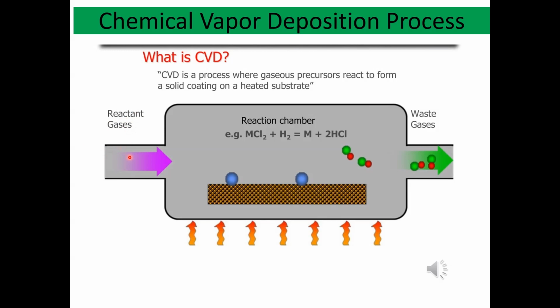These reactants in the gaseous form come into the reaction chamber, and these reactants are adsorbed on the surface of the substrate. And after their adsorption on the surface of the substrate, these reactants react with each other to give us the product, and the product in case of CVD is in the form of a thin film.